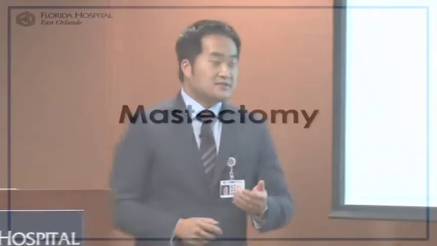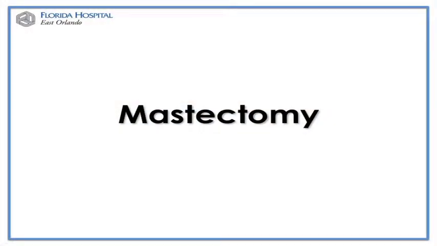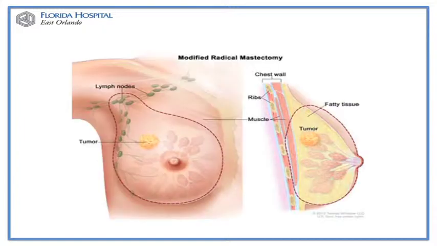So I want to talk a little bit about mastectomy, because breast conservation surgery, although it's what we offer to most patients, some patients aren't candidates for it. In these patients, we would offer them mastectomy. Mastectomy is removal of all of the breast tissue, and usually we also sample the lymph nodes as well.